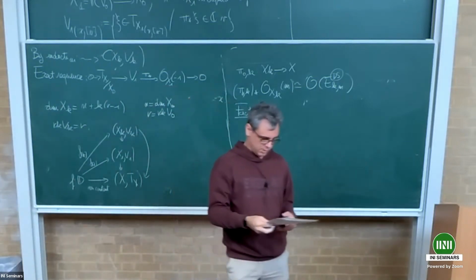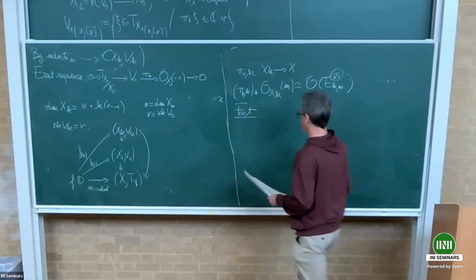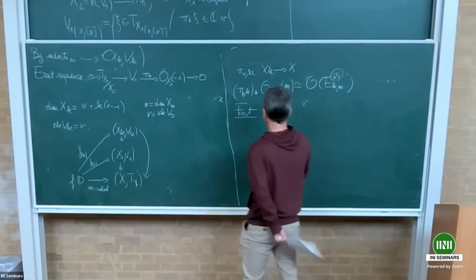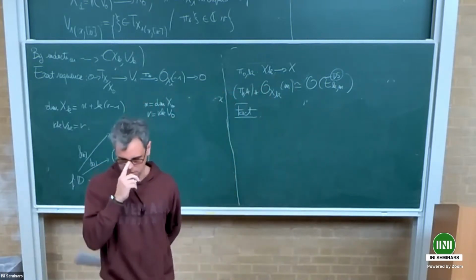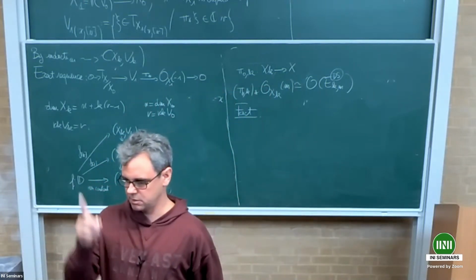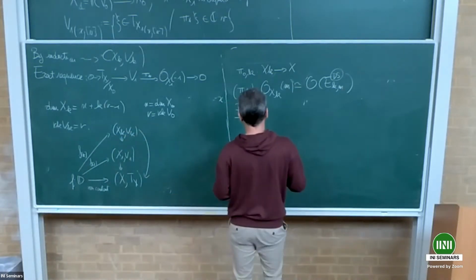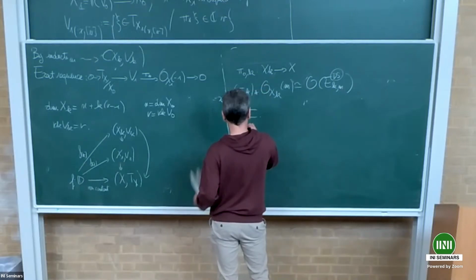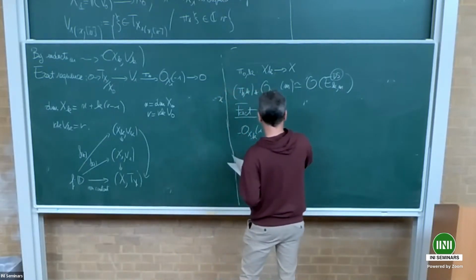A fact that I will use, which you can find in Demailly's notes, is that you are interested, as we've seen last week, in positivity properties of these sheaves. And so you have a relative positivity in the following sense: this sheaf is relatively big.